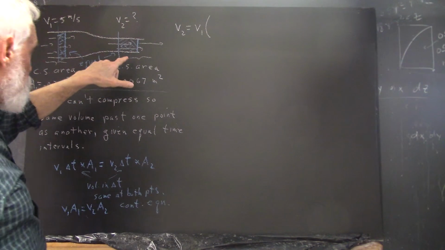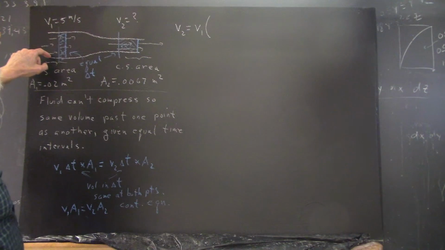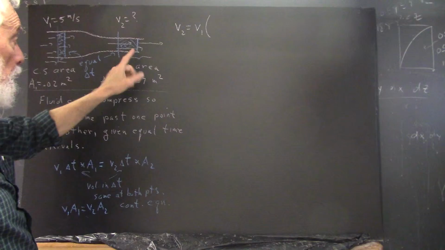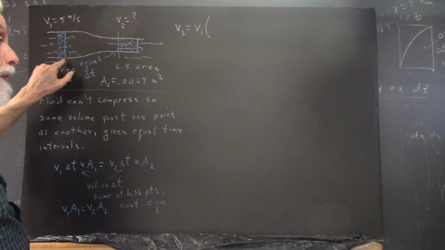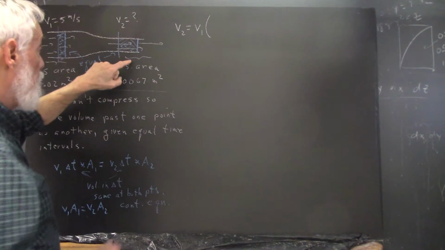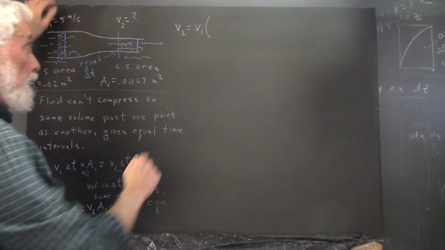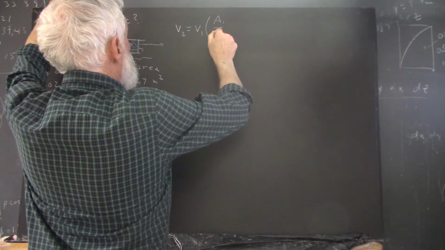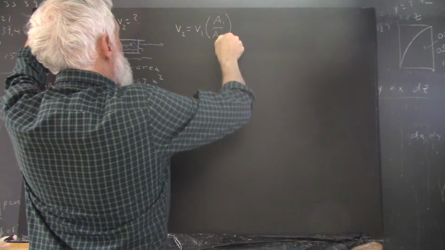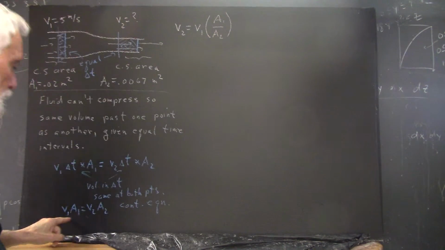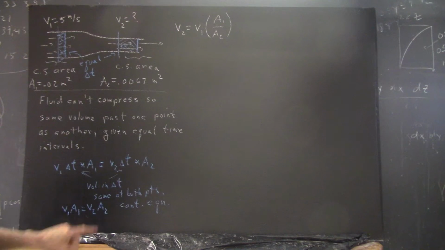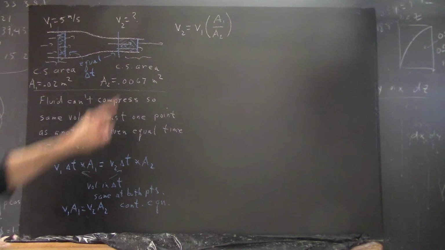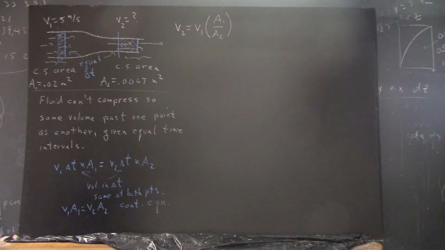This area is 1/3 this, so if we divide this area by this, we're going to get the factor by which this length exceeds this length, which is the factor by which this velocity exceeds this velocity. So we're going to multiply that by A1 over A2. Of course, we can always do the algebra: solve for V2, divide both sides by A2. That's exactly what you're going to get.